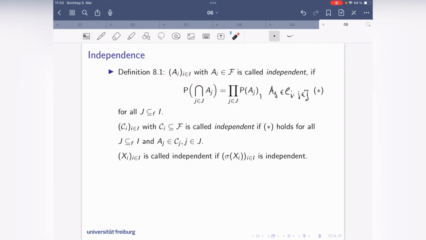We call them independent when this here holds. And last, random variables are called independent if their generated sigma algebras are independent.